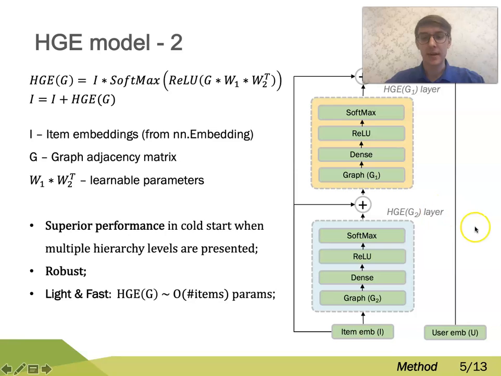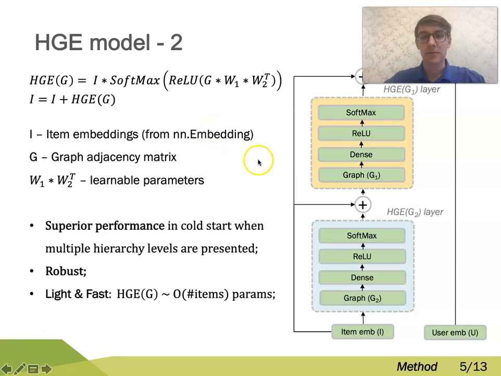So what is a hierarchical graph embedding layer? Well, generally, first of all, we get item embeddings in a usual way with an embedding layer. Then we have this formula.